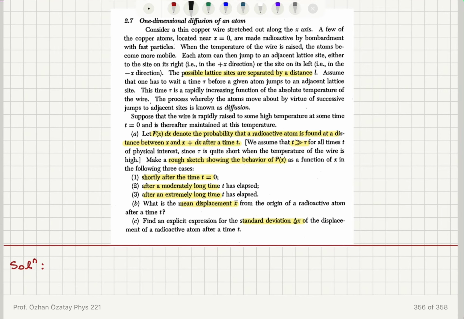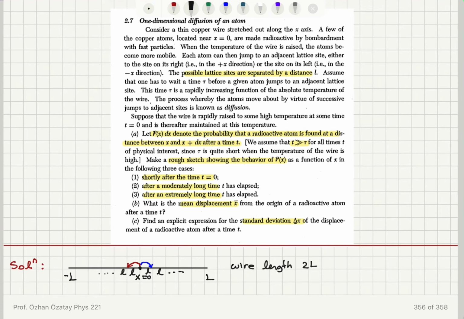So if you have the wire stretched out like this between minus L and plus L, so we have a wire length 2L, let's say, and you have an atom here right in the middle at x equals 0, this can jump with probability p to the adjacent side on the right or to the adjacent side on the left, and these sides are at a distance L from the origin, and then we have another L, etc.